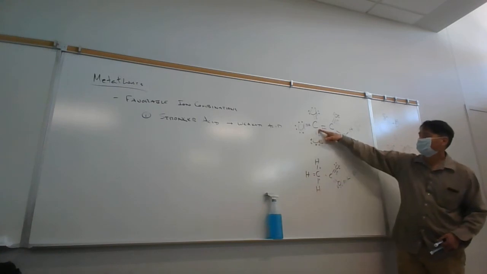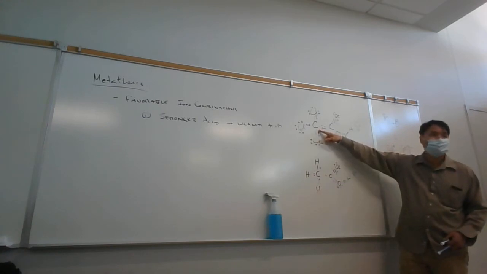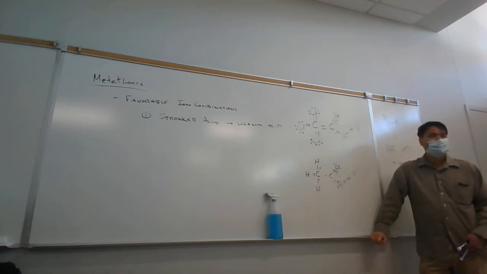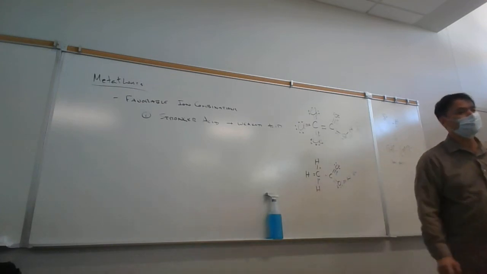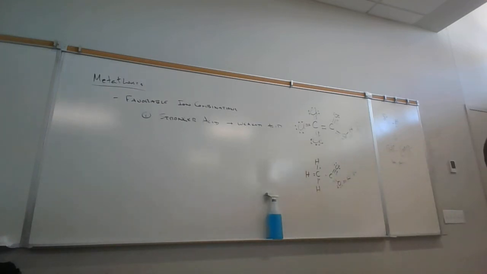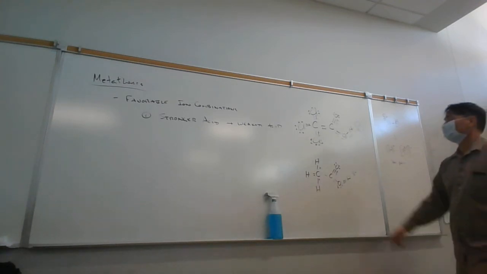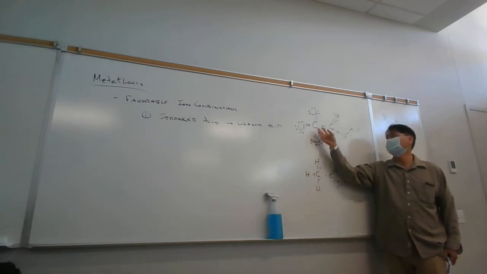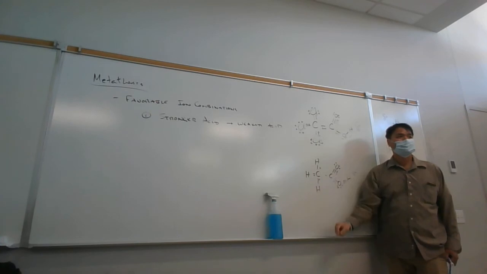So what's the oxidation state of this carbon here? Not zero. Remember, oxidation state is winner take all electrons. The winner is the more electronegative element. So chlorine versus carbon, who takes all the electrons? Chlorine takes all. So these two electrons go to chlorine, these two go to chlorine, these two go to chlorine. So carbon gets none of those.